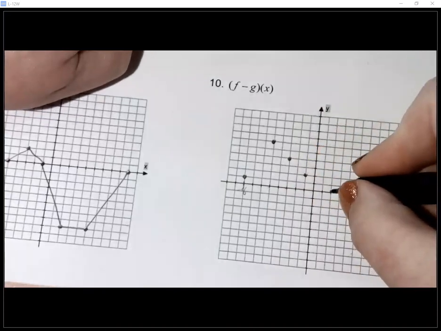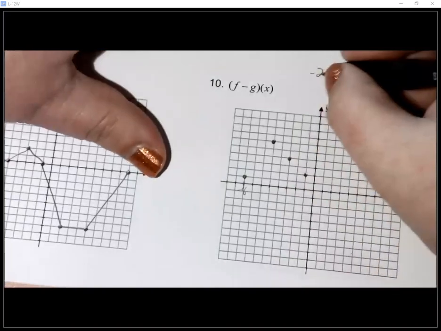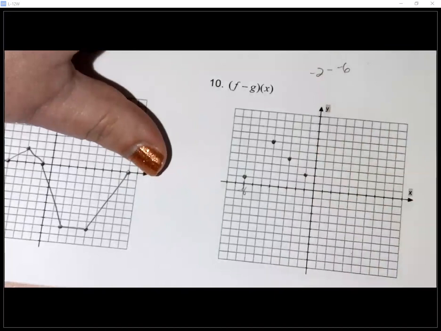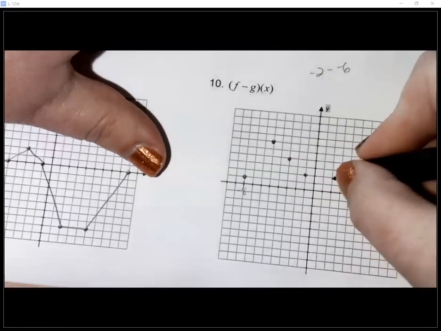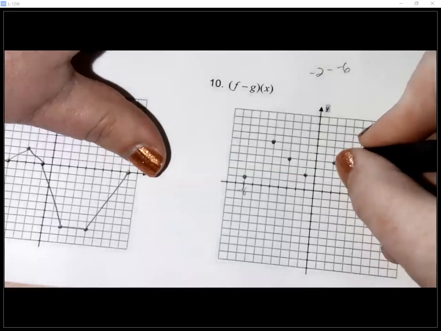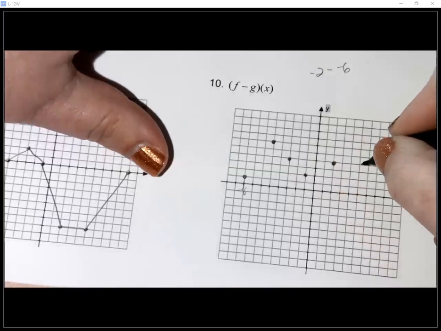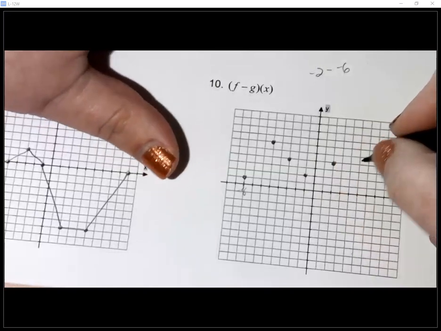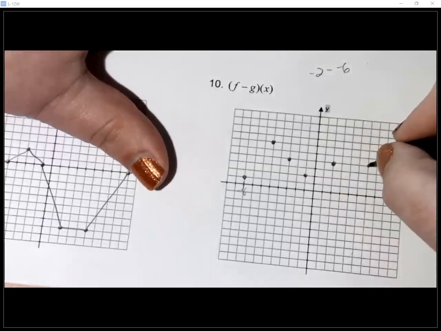At +2, let's see, that would be -2 minus -6. So where does that land us? 4, yeah. 1, 2, 3, 4. This next one should be constant, right? All the way until 5. Oh, almost too far.